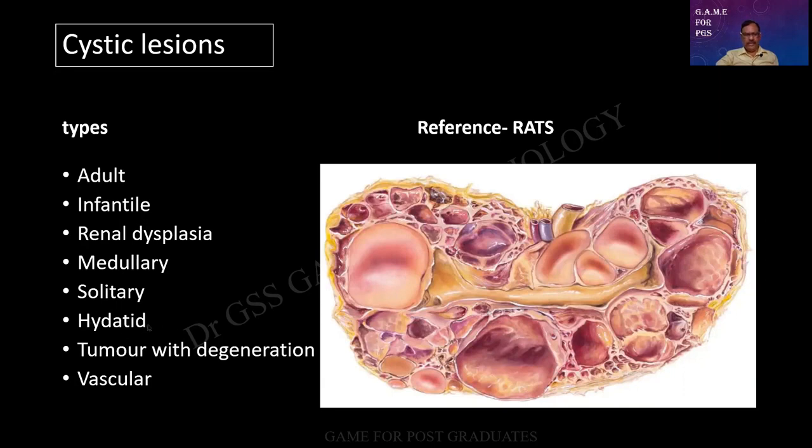There can be tumor with a cystic degeneration. Or there can be vascular lesions also. Please mention these. I would advise you again to go back to the session in which I have described the cystic diseases, the development of the cyst, etc. It is for undergraduates that I had taken, but it would very well suit the needs of the postgraduate.